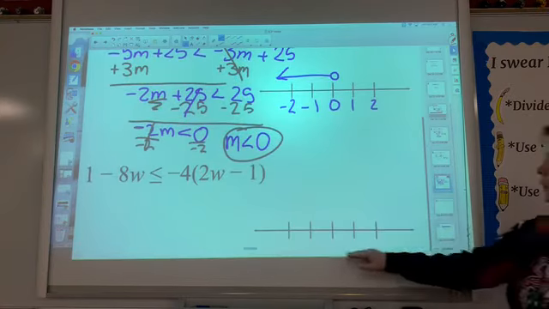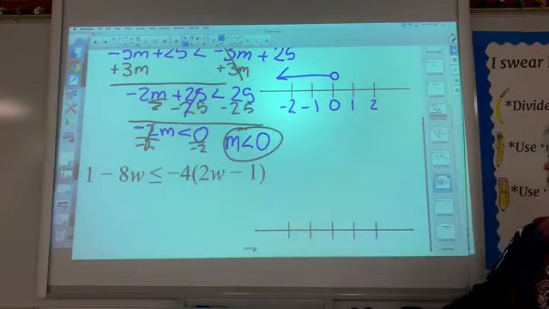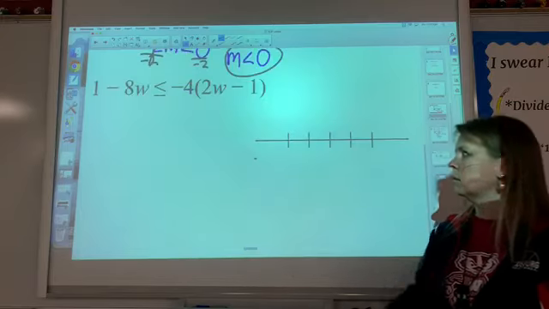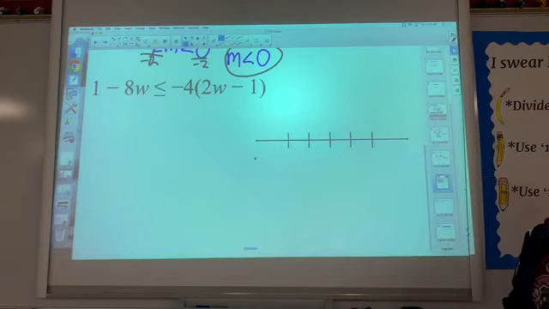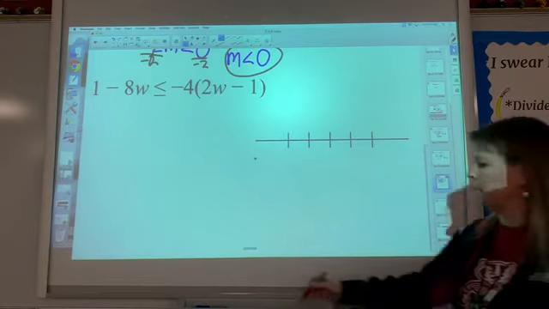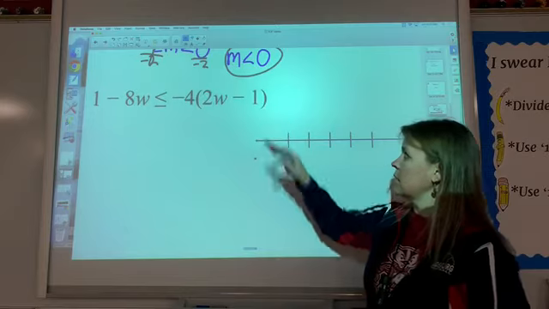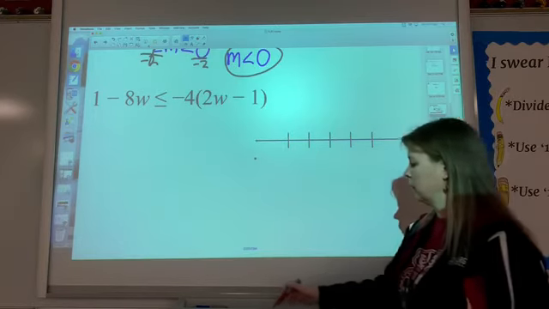Let's try this one. Go ahead and take the time to write it down. 1 minus 8w is less than or equal to negative 4 times 2w minus 1 in parentheses. Let's see what happens this time.